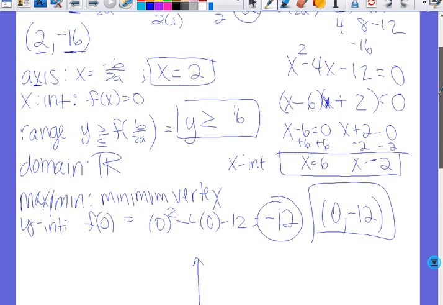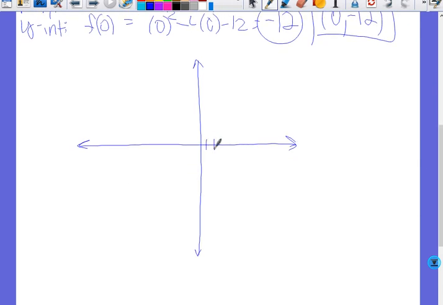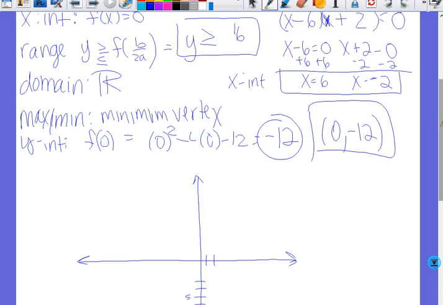And my vertex is 2, negative 16. So 1, 2, then down 1, 2, 3, 4, 5, up to 16, to negative 16. Then I plot my zeros, which are 6 and negative 2.